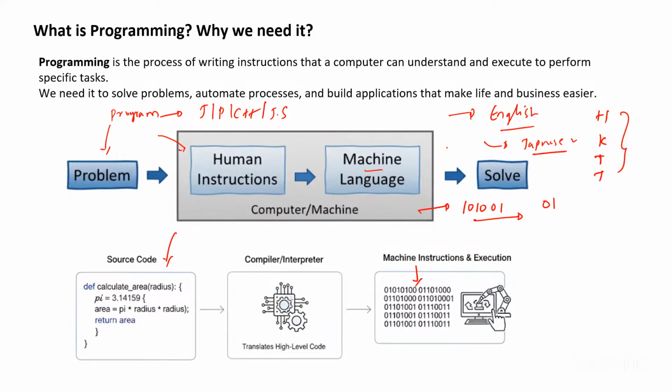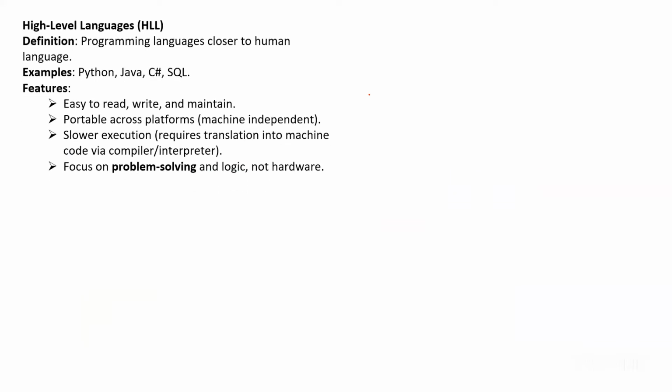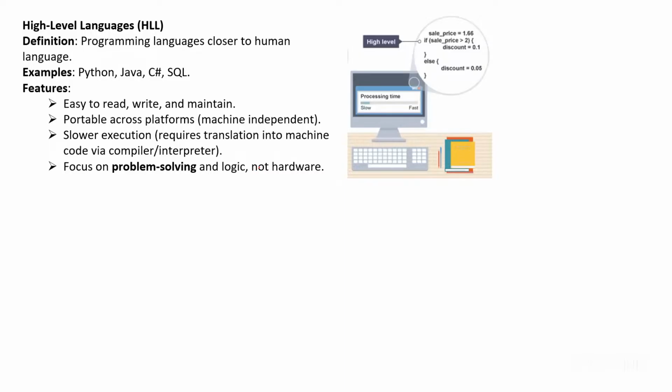Okay. I got to know this. Then what are the different types of languages we have? We have something called a high level language. A high level language is one I can understand as a human, whenever I write any program, I can understand that language. Seeing that piece of code, at least I can understand. For example, sales is equal to 1.66, and if sales is greater than 2, give me a discount, else this much is the discount.